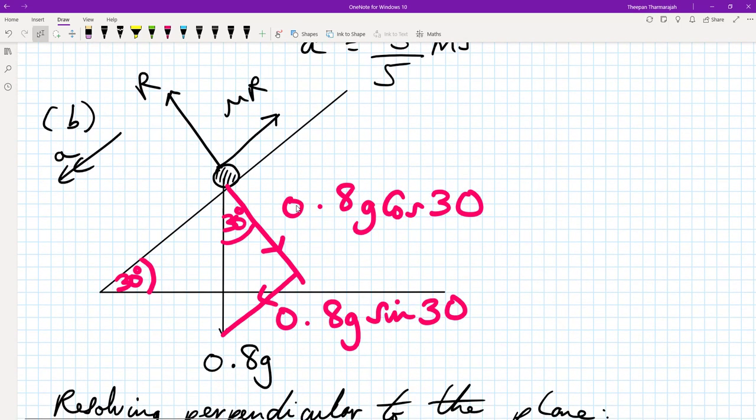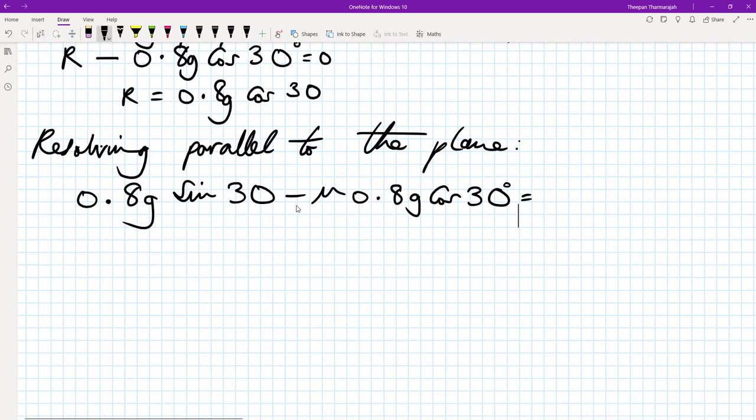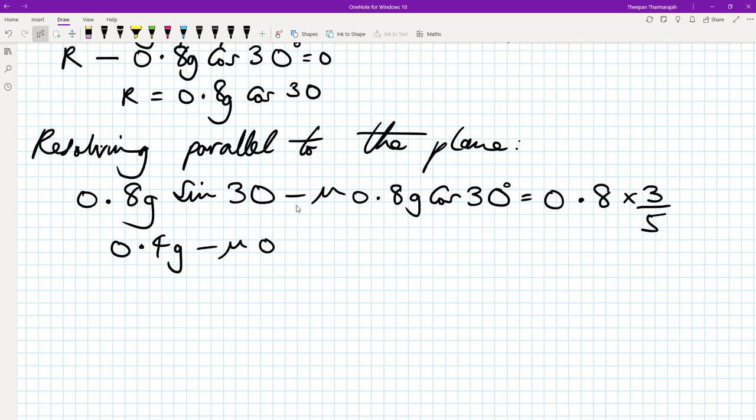So we know the mass is 0.8, and we worked out the acceleration to be 3/5. So it's going to be 0.8 multiplied by the acceleration, which is 3/5. So half of 0.8 g is 0.4 g, minus mu times 0.8 g cos 30 is equal to 0.8 times 3/5.